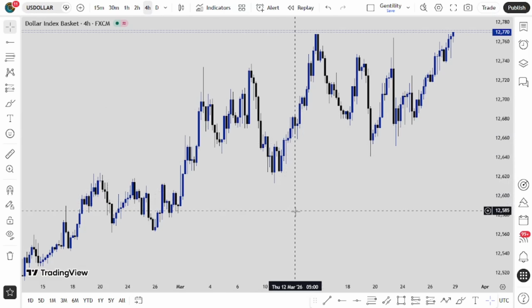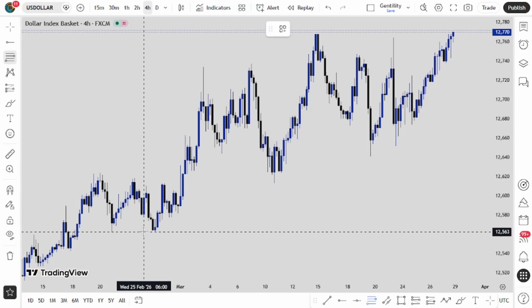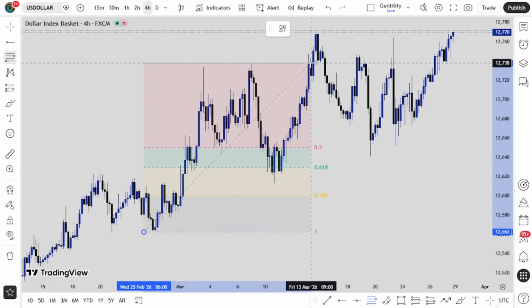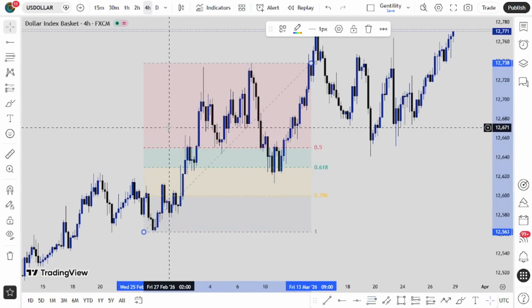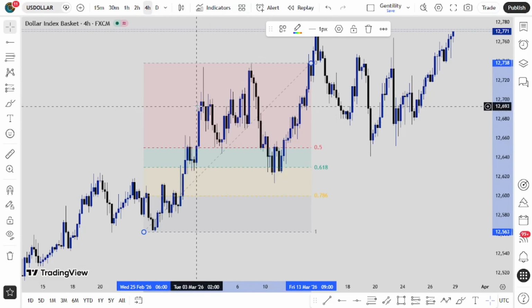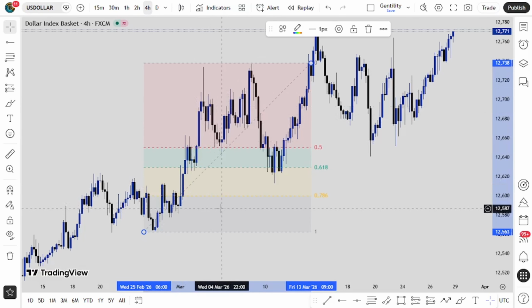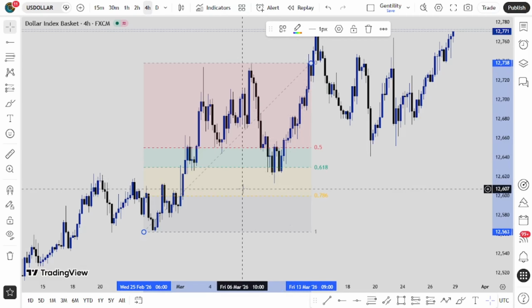Using the dollar index for the buy example, the same thing applies, but the difference here now is this particular red zone is up. While we were looking at the sell example, this red zone was down. It doesn't matter, right? All that matters is wait for price to retrace into this particular yellow bar. This is a discount zone for you to buy.